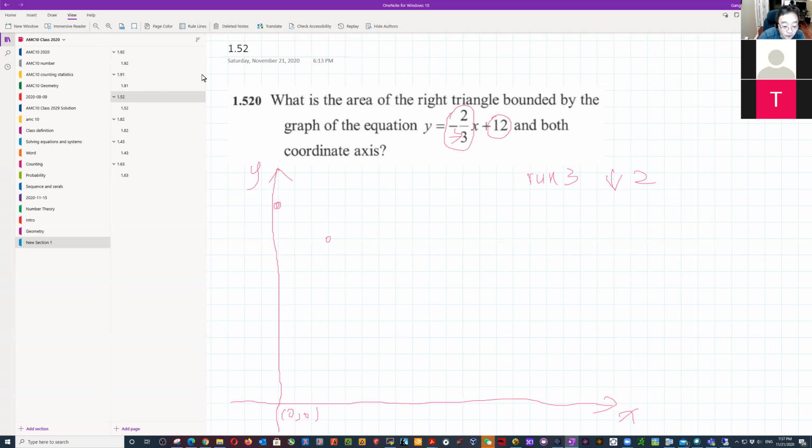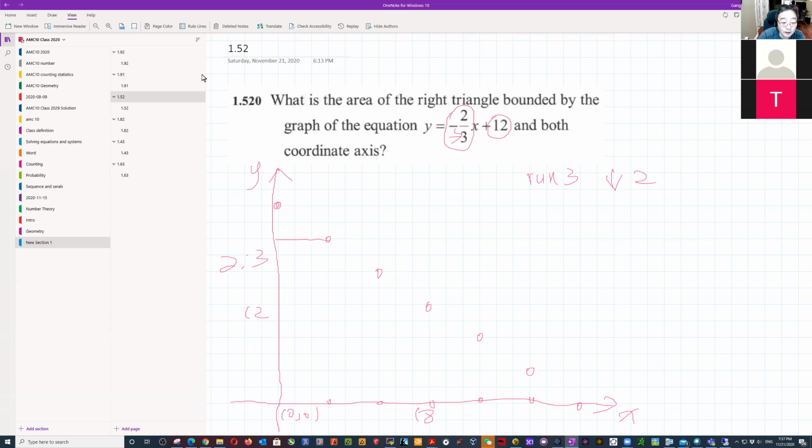You can just repeatedly do this, and then you are able to find the spot. And it looks like the ratio between this and this is 2 to 3. So this is 12 to 18. It must be 18. You actually can count: 3, 6, 9, 12, 15, and 18.